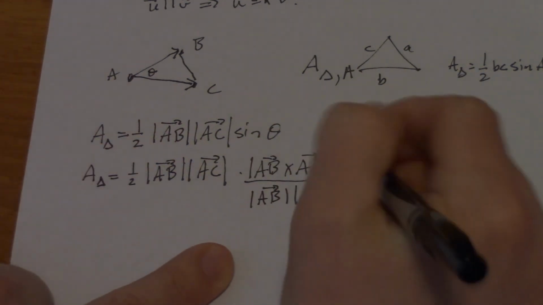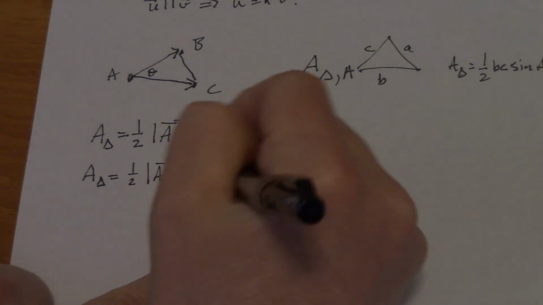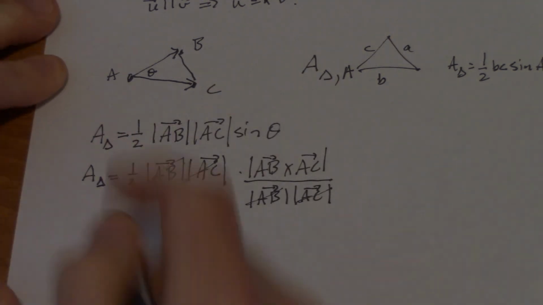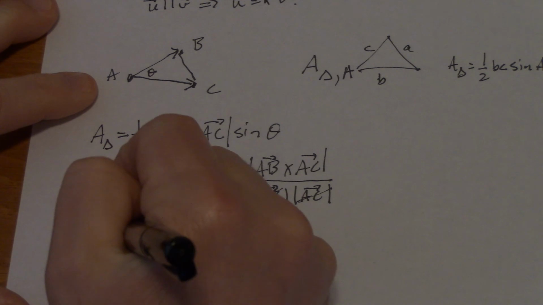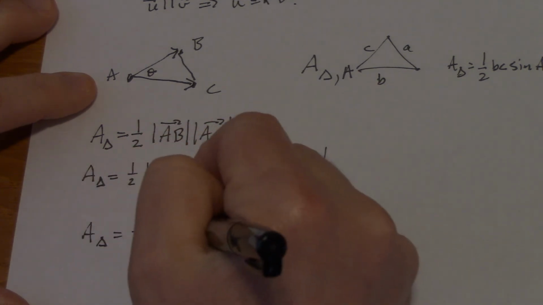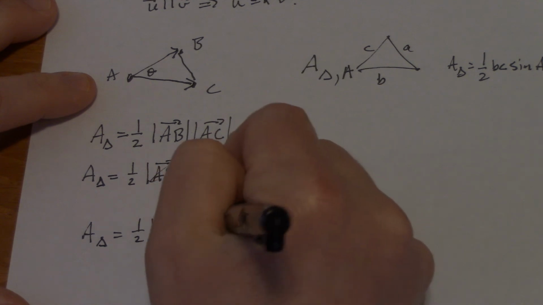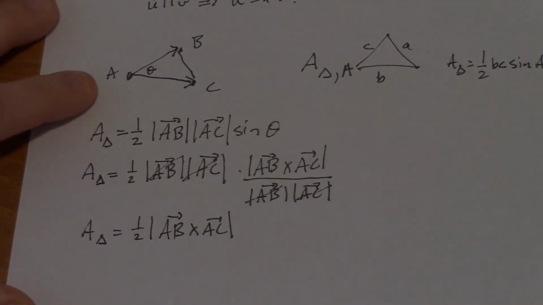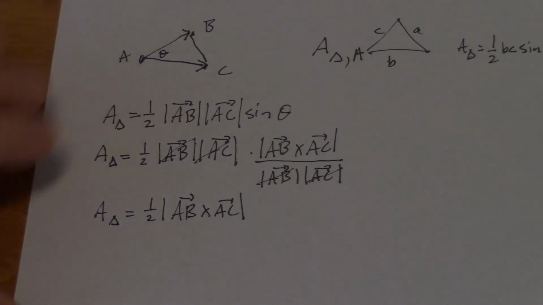All right, and then we notice we have our cancel party, so the ACs and the ABs cancel. So the area of the triangle is merely 1/2 times the magnitude of the cross product of basically any two sides, if you vectorize them. That can come in very handy, okay?